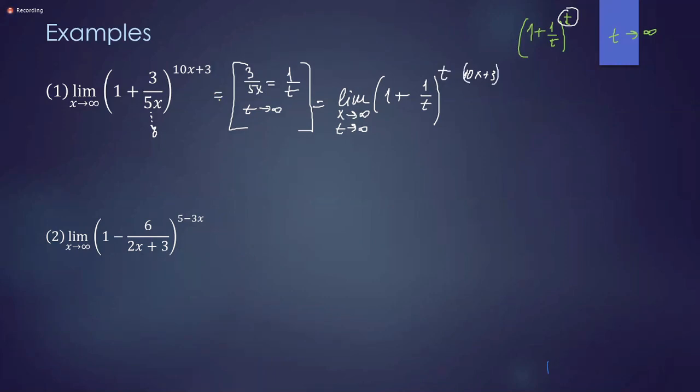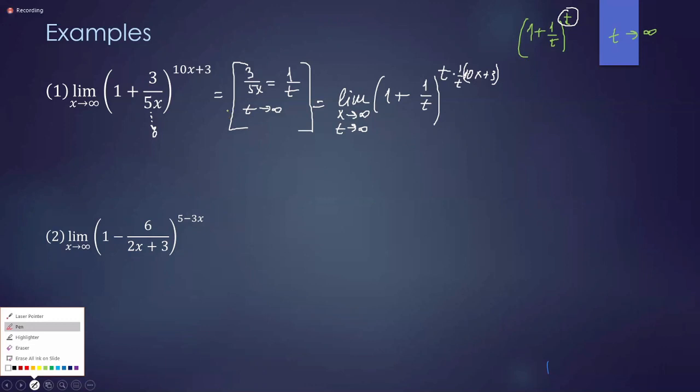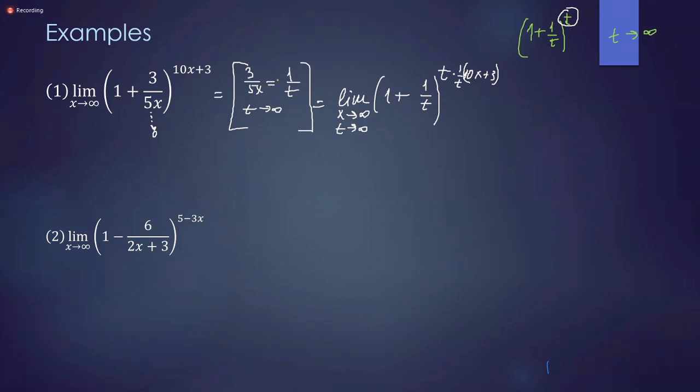So this t times 1 over t, this is, I would say, a clever method. And this is, let's say, the fastest method. So this product, now yellow, is actually equal to 1.